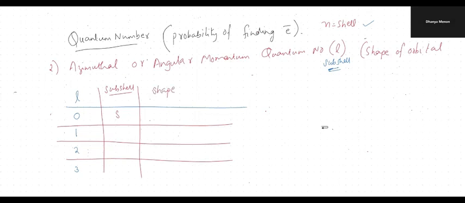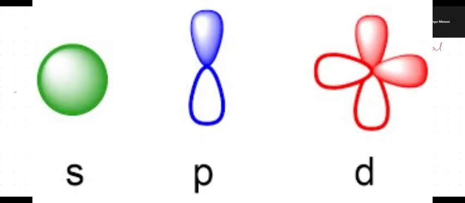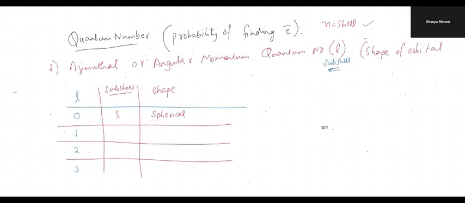Now the shape of the s orbital is spherical. s is spherical in shape. So this is the s orbital.